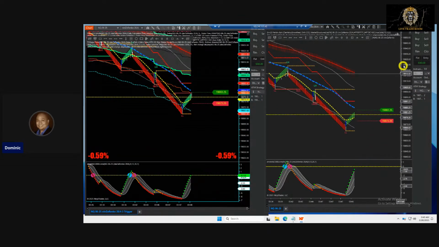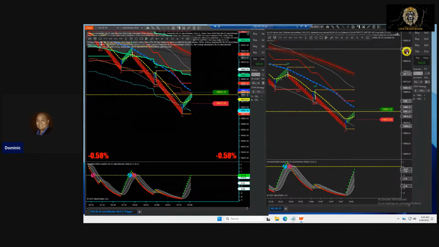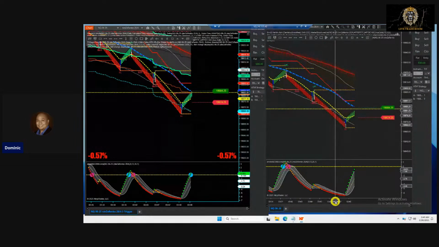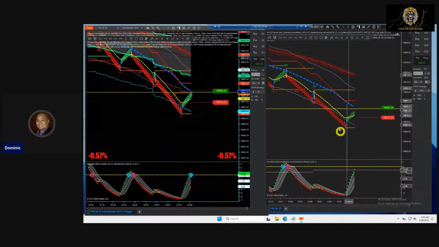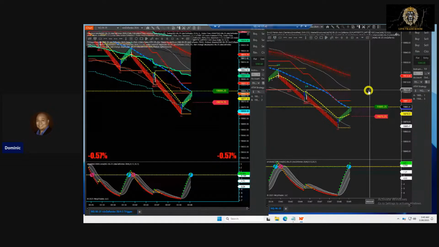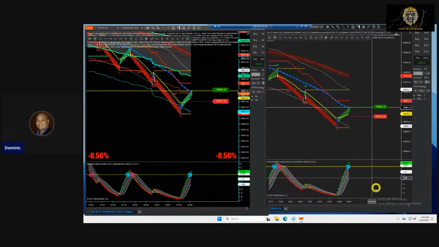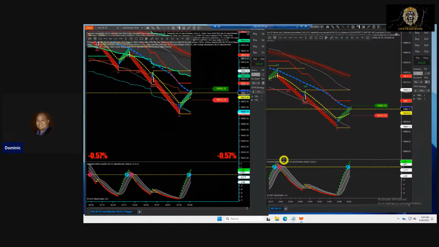So where are we now on this thing? This is your basic setup right there. We're pulling back to the mid band as expected since we're in the outer band here. Getting above the zero line. 20 minutes.